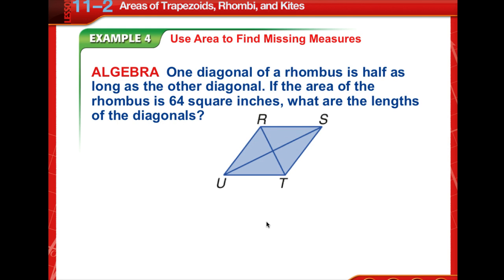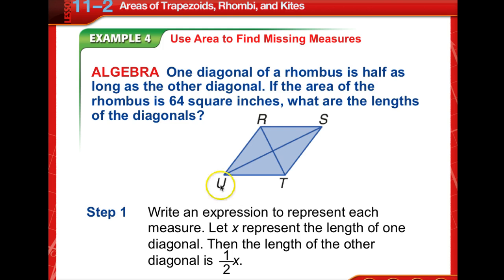You can also use algebra to solve for unknown measures in trapezoids, rhombi, and kites. So we're going to use what we know about area to solve this rhombus. One diagonal of a rhombus is half as long as the other diagonal. If the area of the rhombus is 64 square inches, what are the lengths of the diagonals? We can use x to represent the length of one diagonal, and the length of the other is half of the first one.